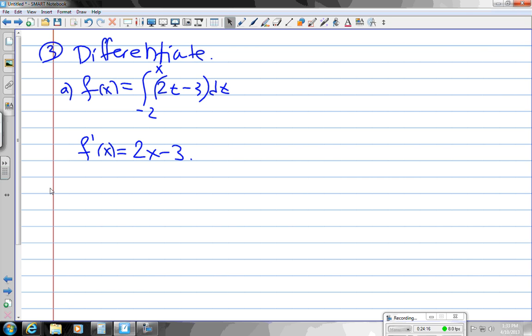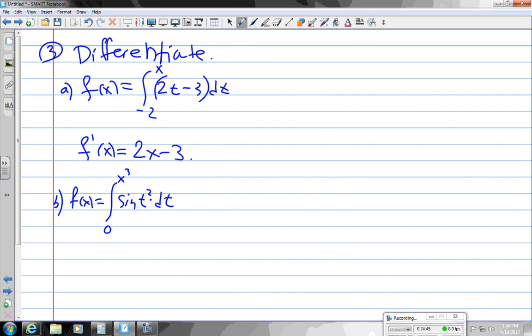Now for B, that's a little tricky. If f of x was defined to be the integral from 0 to x cubed of sine of t squared dt, you cannot really integrate that function.